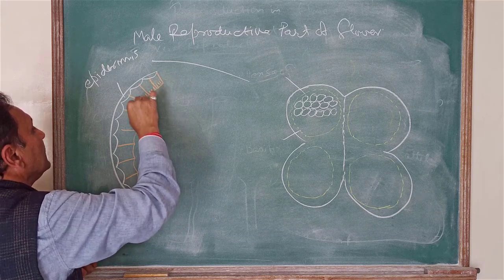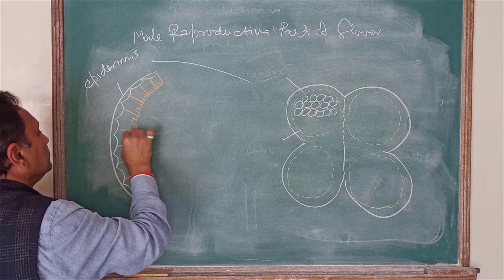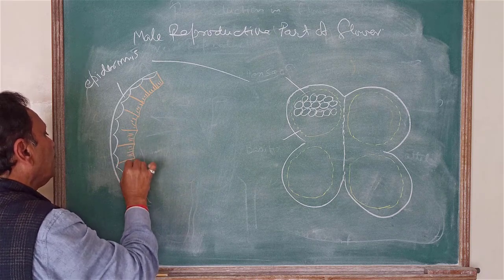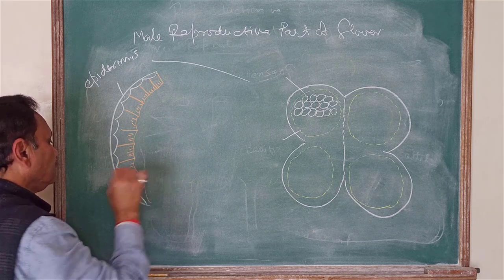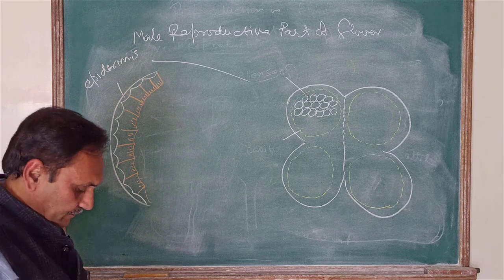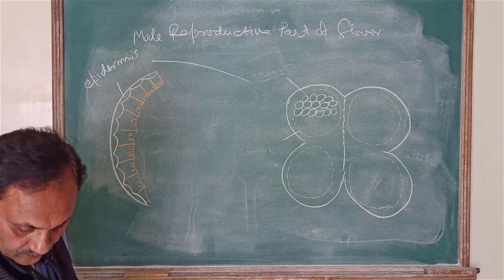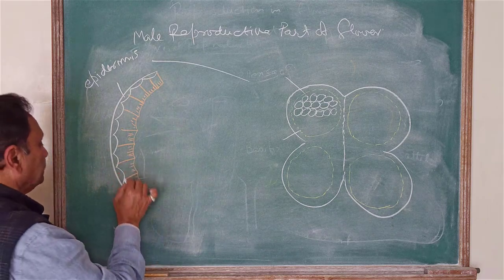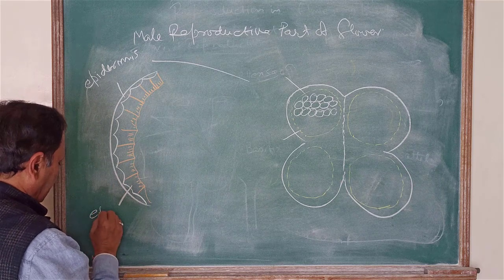It is fibrous in nature and mainly provides protection to this particular microsporangium, and this layer is called endothecium.